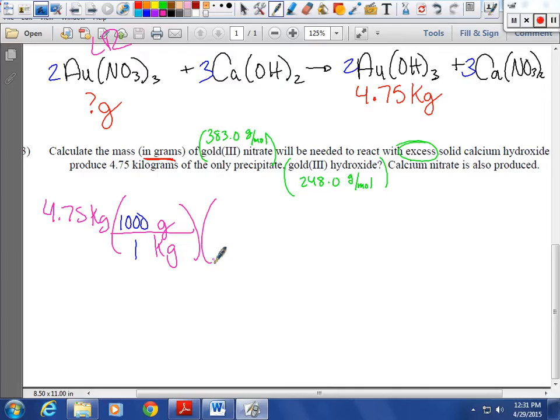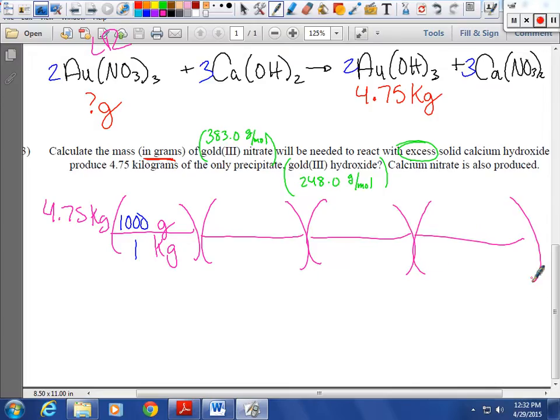So now we're just going to continue like we always do. But we're going from what unit to what unit? Gram to gram. So we need, now I'm going to go ahead and plug all those in. So I've got grams of, where do we start? I promise I'll get out of the way in just a second. So moles. Yeah, I've got both of the masses up here.